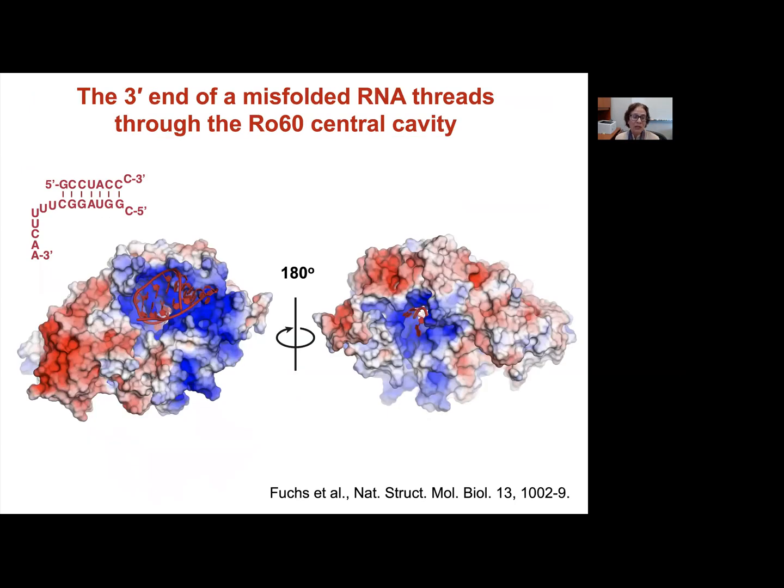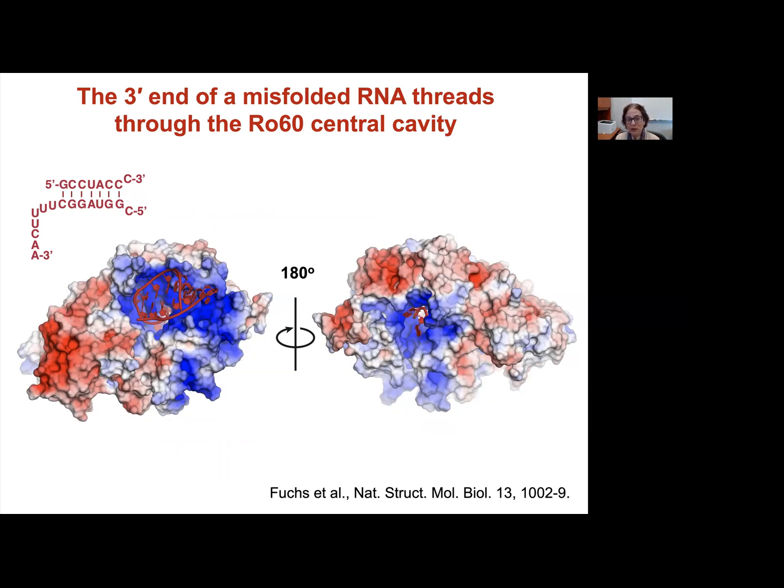So our biochemical studies revealed that Rho60 bound misfolded non-coding RNAs that contain both a protein-free single-stranded end of at least 5 nucleotides and adjacent protein-free helices. However, the specific sequences of the helices and tail were relatively unimportant. Our collaborators in the Reinisch lab crystallized Rho60 with a misfolded RNA fragment consisting of a tail and a helix.